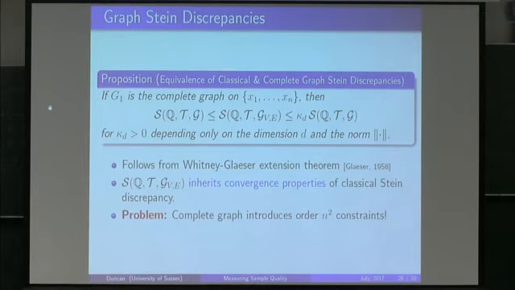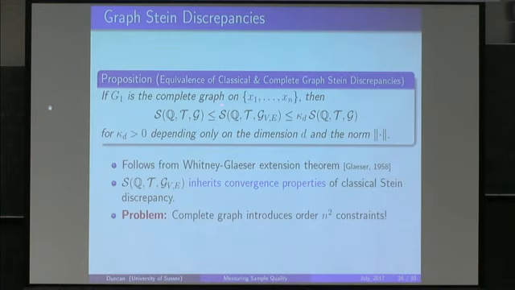To be more precise, if G is the complete graph over x1 to xn, where these are our samples, then the Stein discrepancy over our previous set is bounded above by the Stein discrepancy over this finite set of constraints. In some sense, this is a trivial bound, right? Because this just comes from restricting a function g here to a function over the vertices.